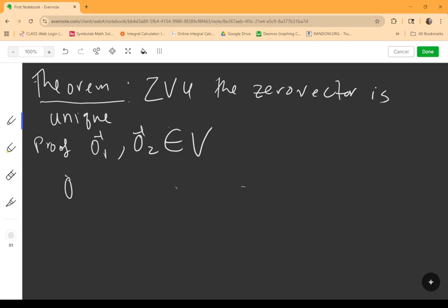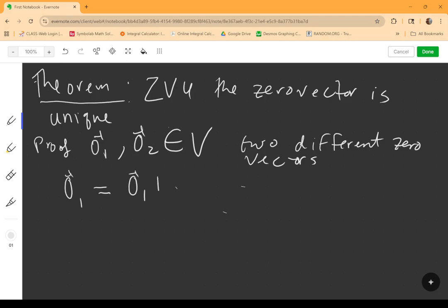Okay, so we start here with 0_1, and then we use the zero vector property.